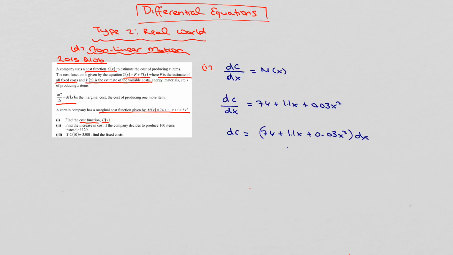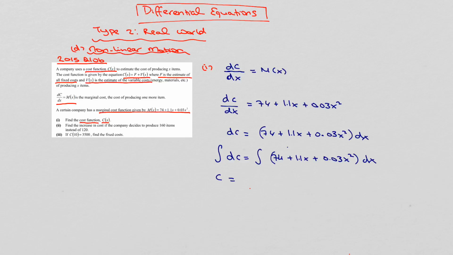But here we have no limits when we integrate, so therefore we have to make sure that if it's an indefinite integral, we're going to have a constant of integration, in other words, plus c. So if I integrate the left-hand side with respect to c, I get C, and that's C of x.